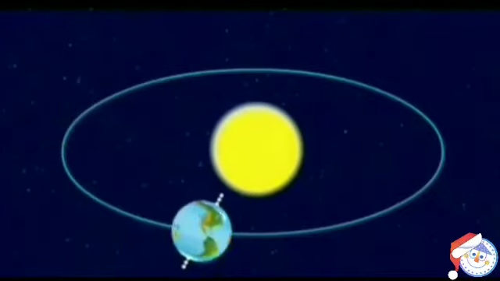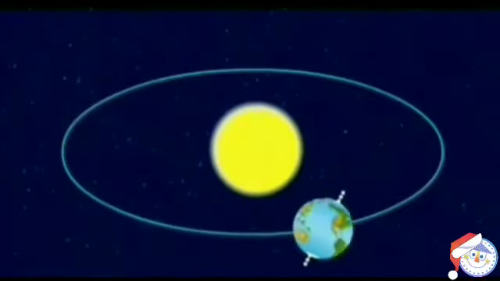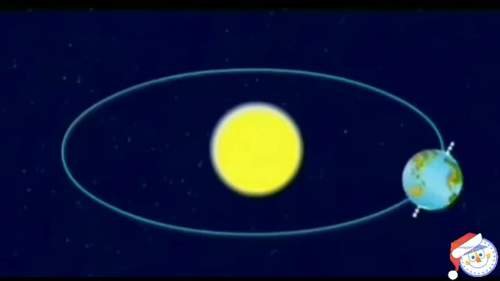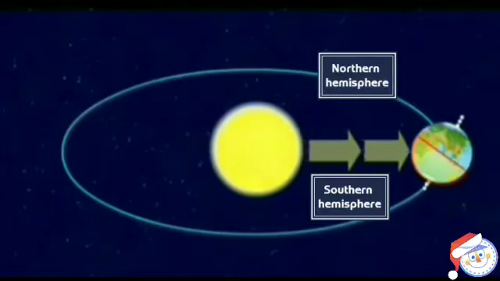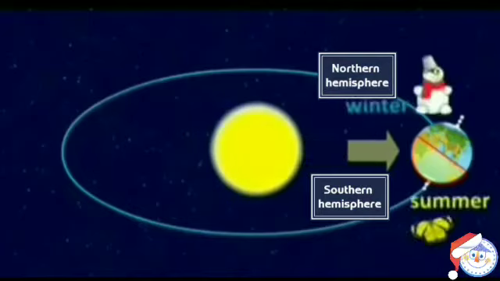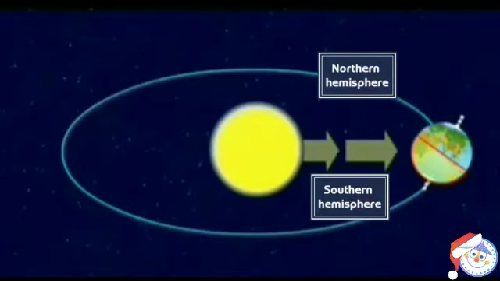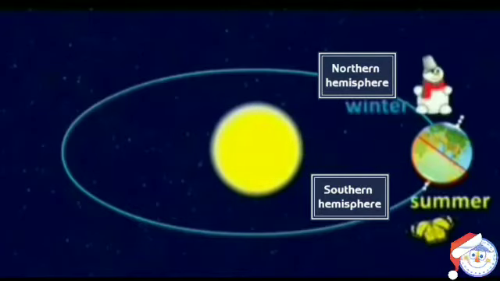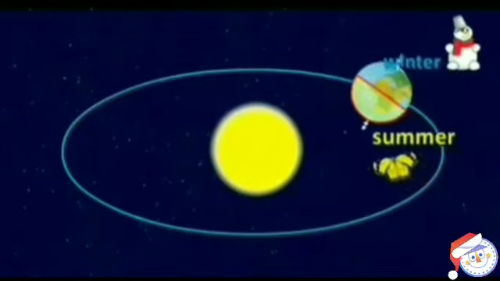And when northern hemisphere points away from the sun, the southern hemisphere gets more sunlight and hence experiences summer, and northern hemisphere experiences winters.